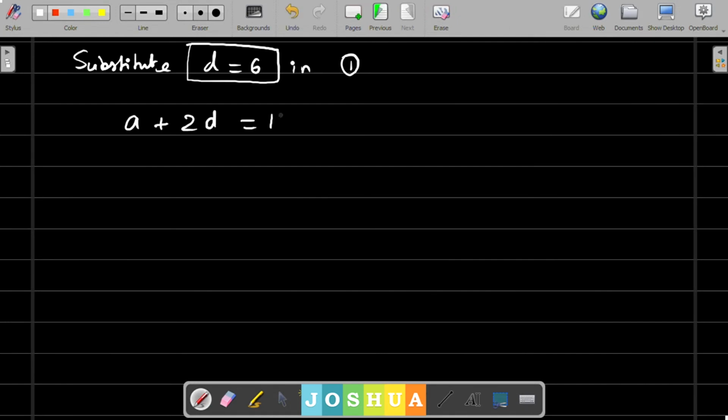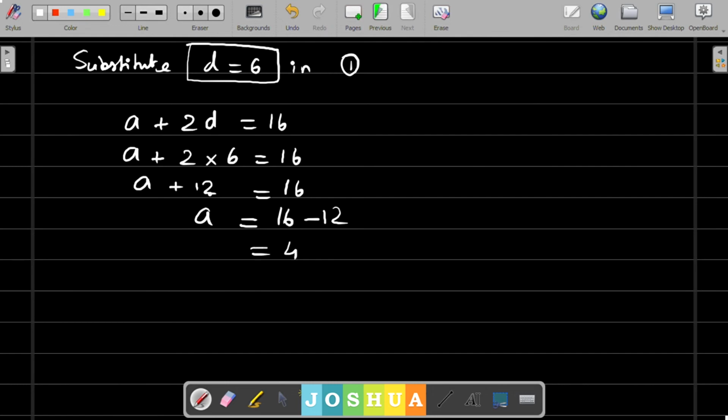A plus 2D equal to 16. A plus 2 times 6, that is equal to 16, or A plus 12 is equal to 16, or A is equal to 16 minus 12, that is equal to 4. A is equal to 4.